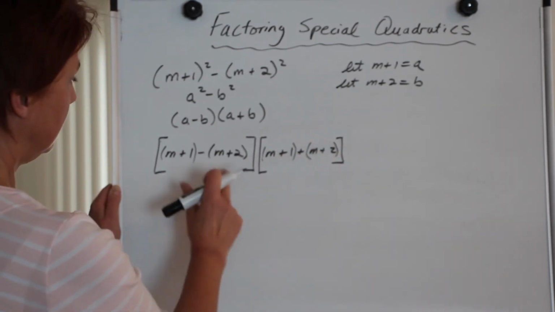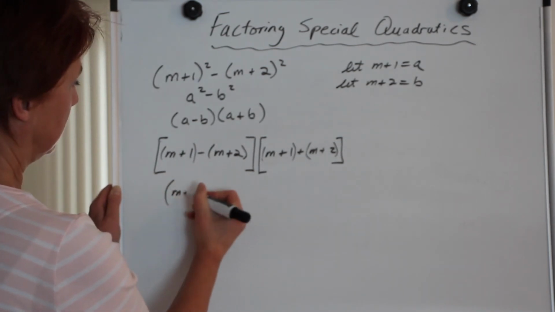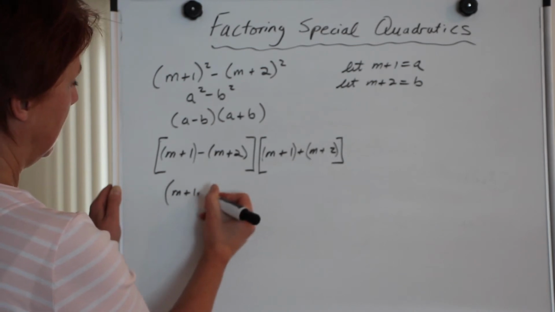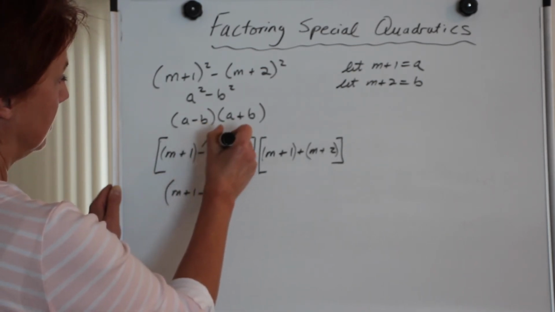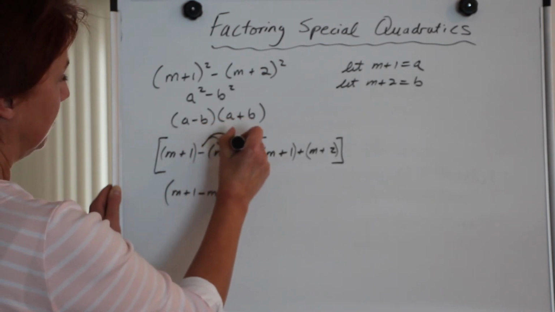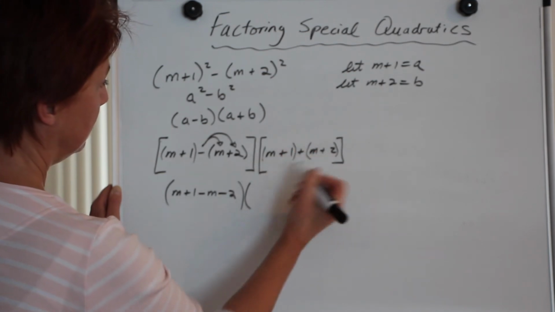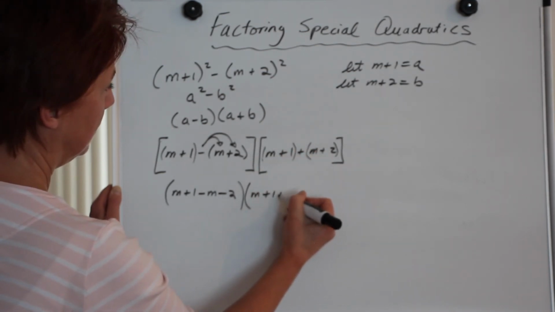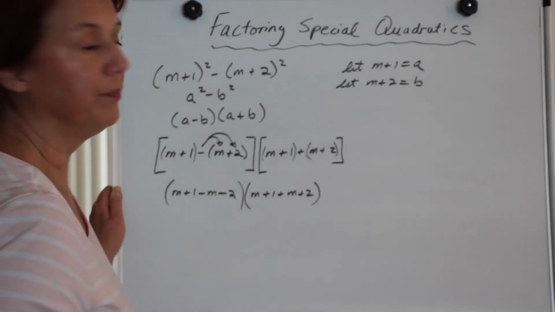Okay, now for this set here, I'm going to drop one set of brackets, the outside one. So m plus 1 minus m minus 2. That minus is getting multiplied to both terms. Bracket. And this one, we have m plus 1 plus m plus 2. You see how those inside brackets made no difference at all.